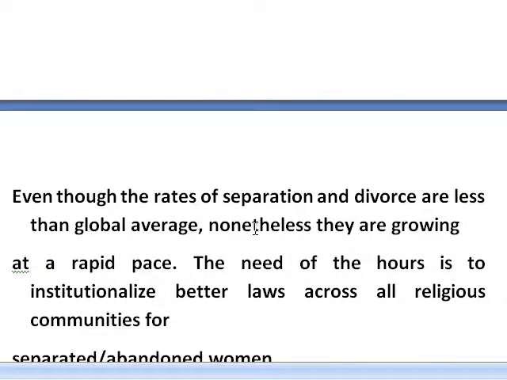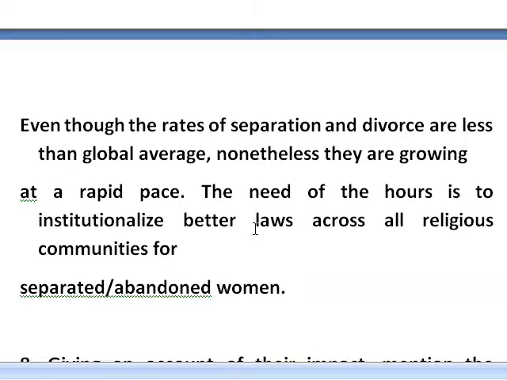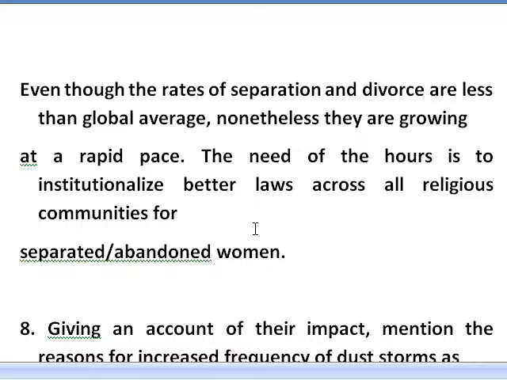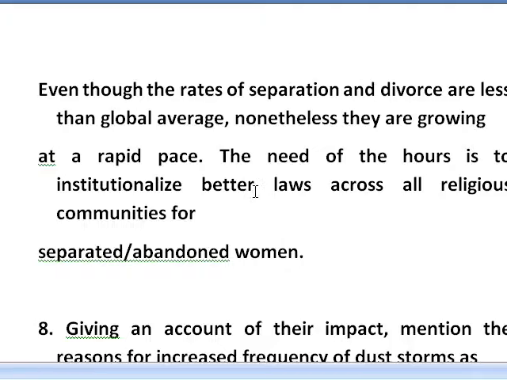Even though rates of separation and divorce are less than the global average, nonetheless, they are growing at a rapid pace. The need of the hour is to institutionalize better laws across all religious communities for separated, abandoned women.